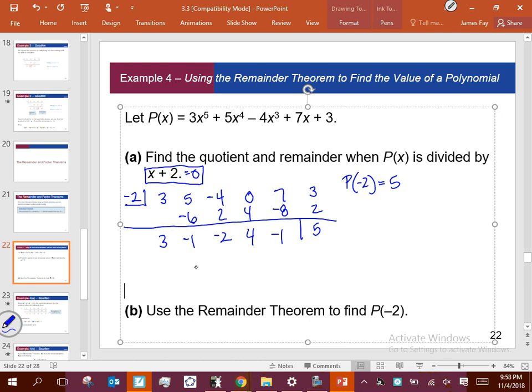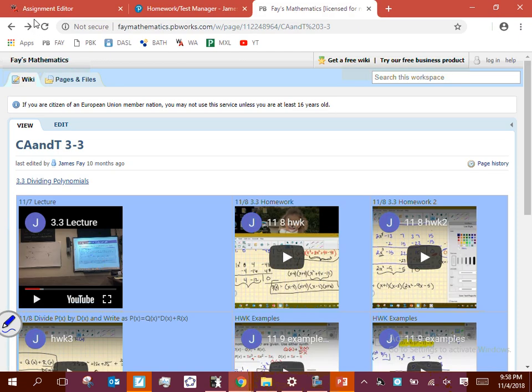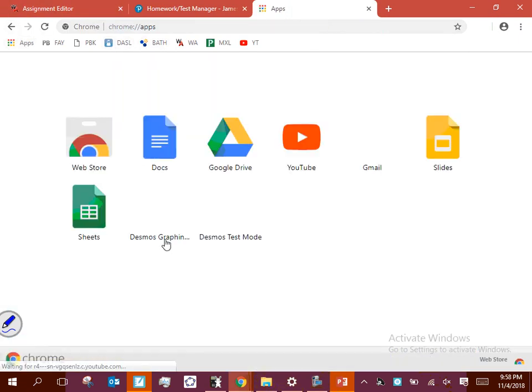So that would be taking 3 times negative 2 to the fifth, plus 5 times negative 2 to the fourth, minus 4 times negative 2 cubed, plus 7 times negative 2 plus 3. Just to expedite things here real quick, let's find a quick calculator to do that for us.